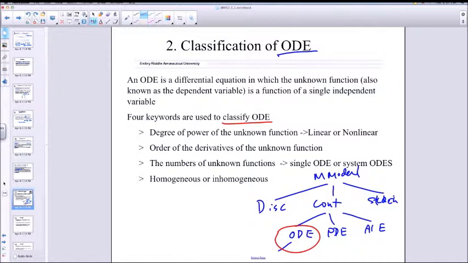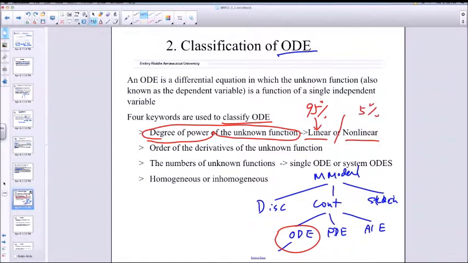So to classify the ODE, keep it forward, not confused. The degree of power of the unknown function is what distinguishes the first thing, linear or nonlinear ODE. 95% of our energy in this course on ODE focuses on linear, and 5% on nonlinear, those very special cases we can solve.